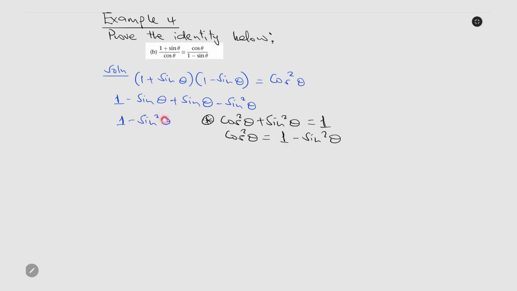So I can replace this value with cos squared theta. Okay, let me do that. So this will be cos squared theta is equal to, notice this other side, cos squared theta. So I've finally proven it. This is my answer. Hence proven.